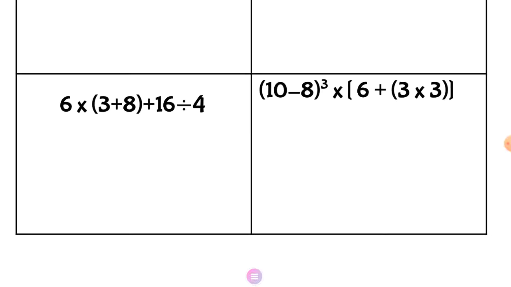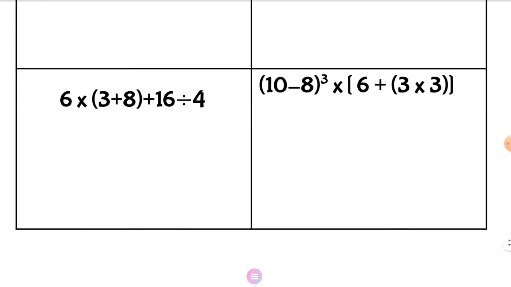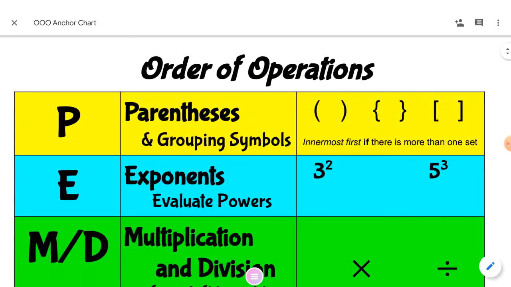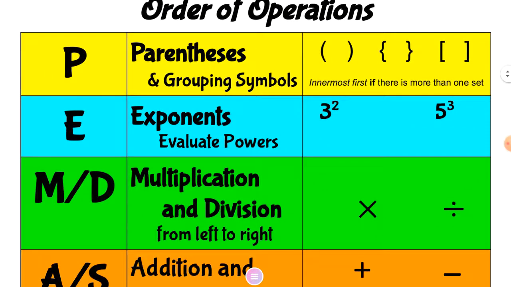And again, this is not an introductory level 5th grade order of operations problem. I'm starting you with the hard ones so that when you see them, you're like, oh, these aren't bad at all. I do the hard ones with you so you can see where we're going, okay? But that 3 times 3 is the innermost parenthesis in that problem. Okay, let's flip back to the front. So we always do grouping symbols first.